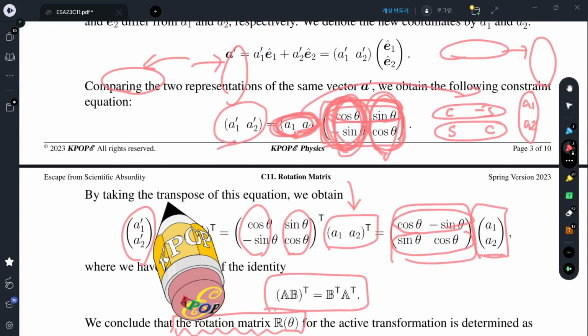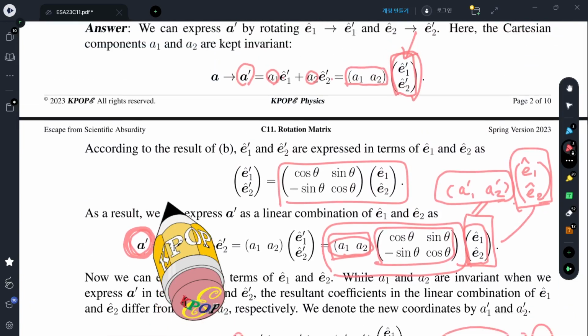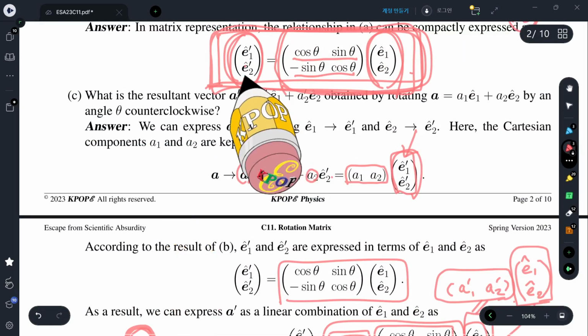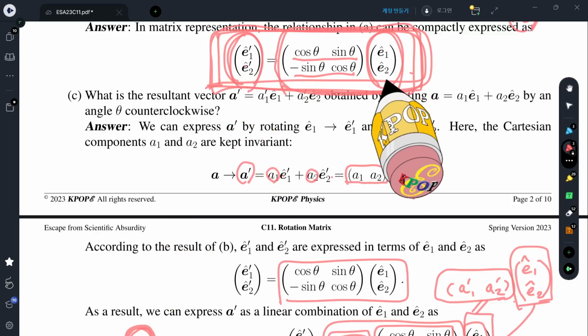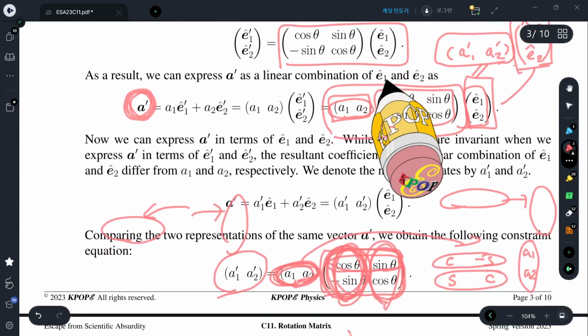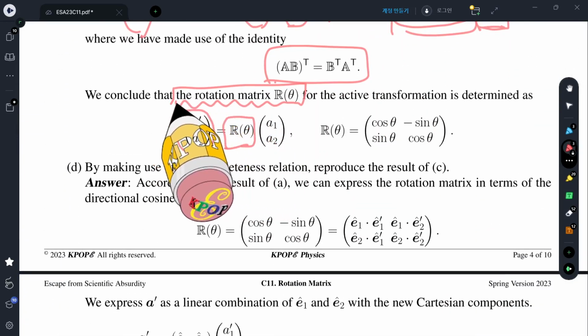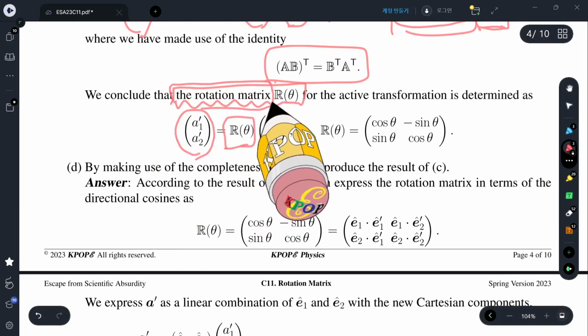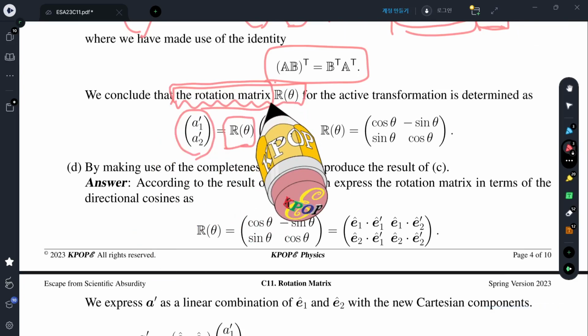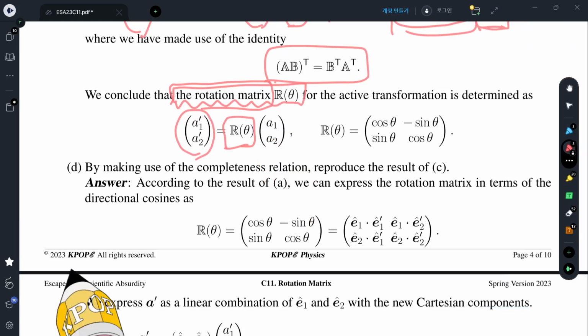Even though we started our computation by making use of basis vectors, in practice we are more interested in the components only. So in physical analysis, we usually denote the rotation matrix of Cartesian components, rather than the rotation matrix for the basis vectors.